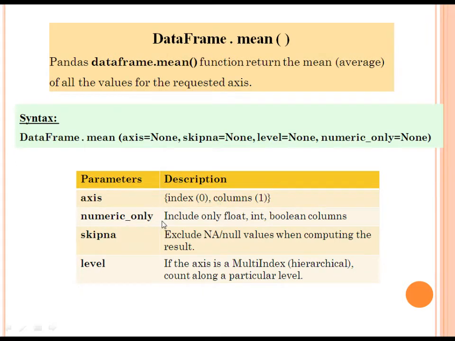The numeric_only parameter helps us to take only the numeric fields or columns into account. The skipna parameter is used to include only the numeric values and exclude the NaN values. And the level parameter helps us when there is a multi-level index.